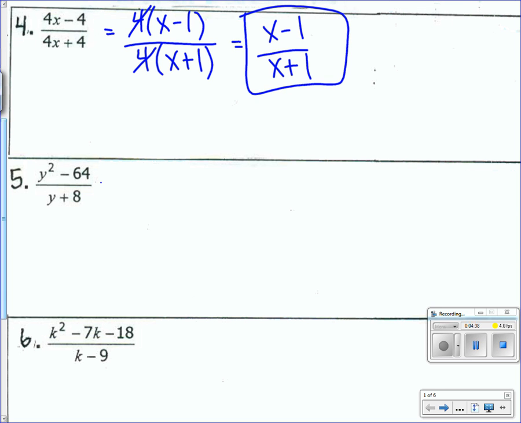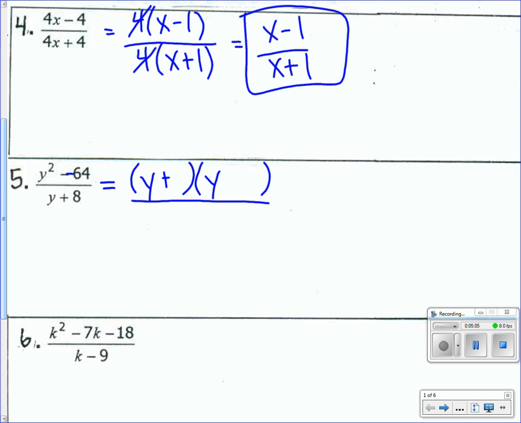Y squared minus 64. Can we factor that? Yes, because it's a difference of 2 perfect squares. So then we take the square root of each, and one's plus and one's minus. So what's the square root of y squared? Y. What's the square root of 64? 8.